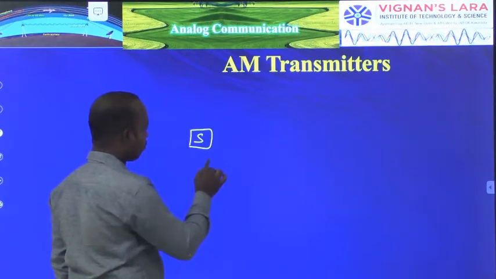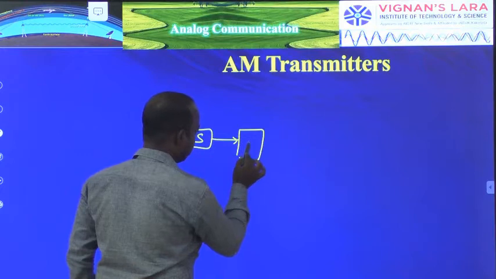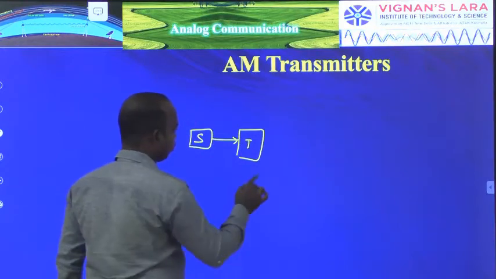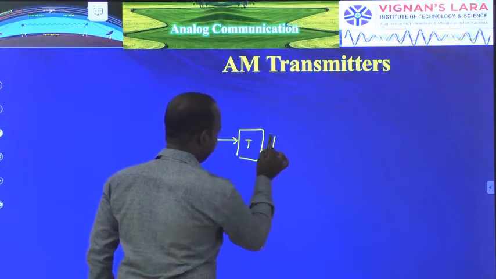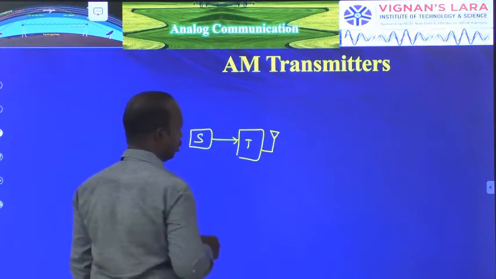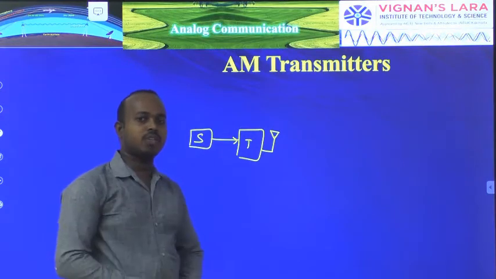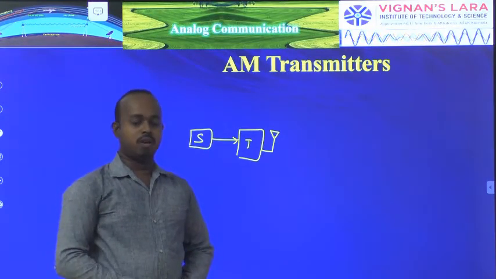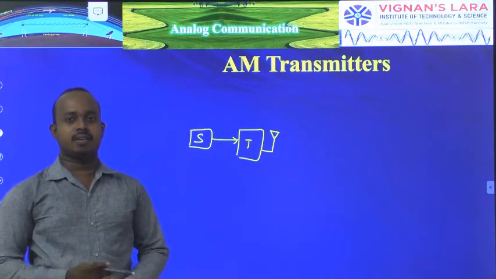The source is connected to the transmitter. The transmitter sends the data in wireless communication, or otherwise you can take wire communication. In wire communication there is no need for any antennas. In wireless communication, you have to use antennas.